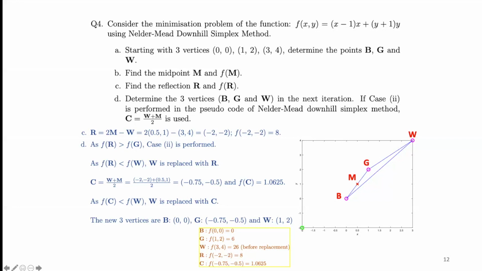Yeah, the endpoint stays the same because the BG points will not change, so we do not need to calculate that. Okay, so we only recalculate when there's a change in B or G. Basically, yeah, exactly. When we go back to the top of this algorithm, the BGW points will change, and in that case we are going to calculate the endpoint as well as the reflection point.